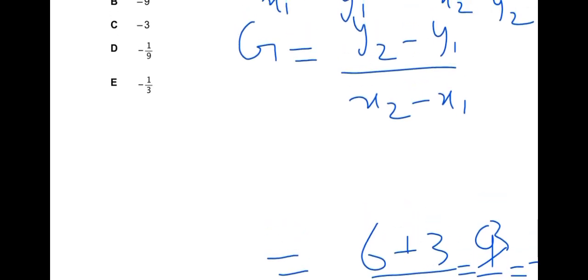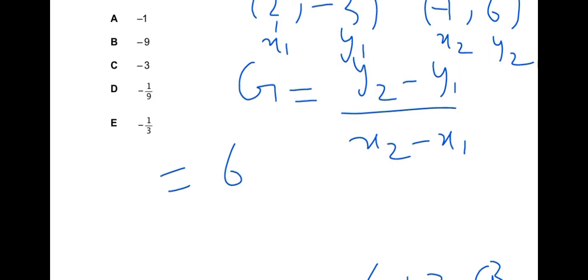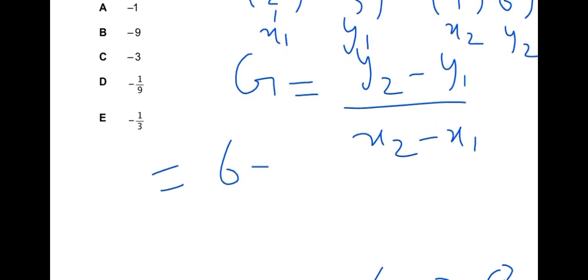So on solving it, we got y2 value is 6 minus minus 3, over x2, which is minus 1, minus the x1 value, which is 2.